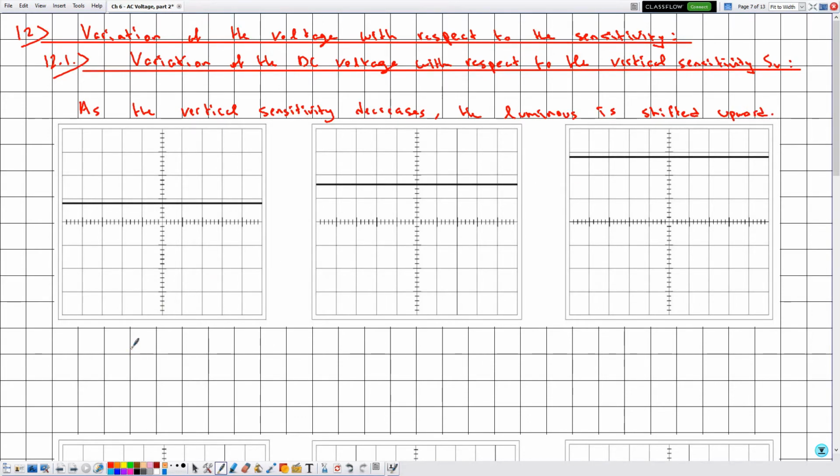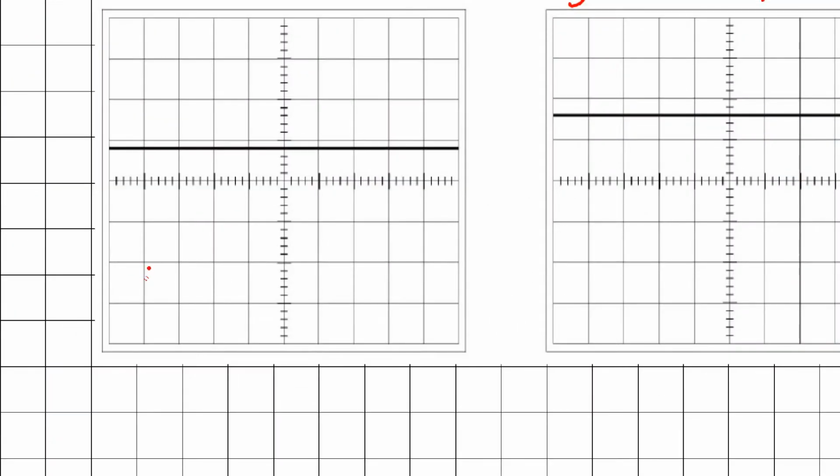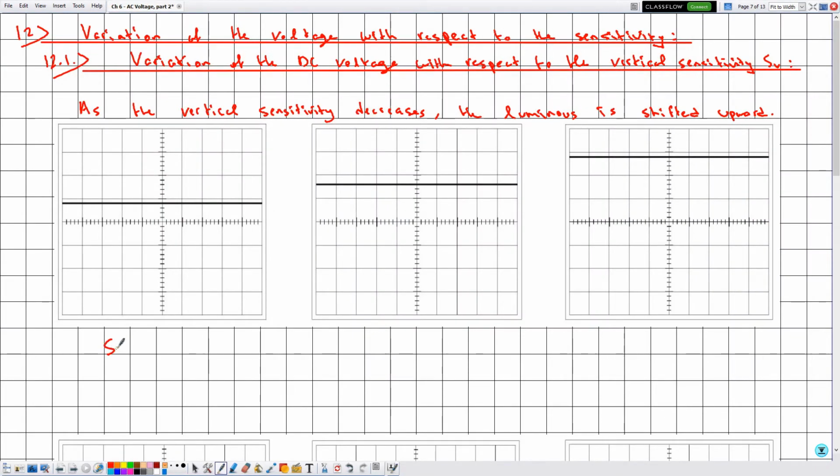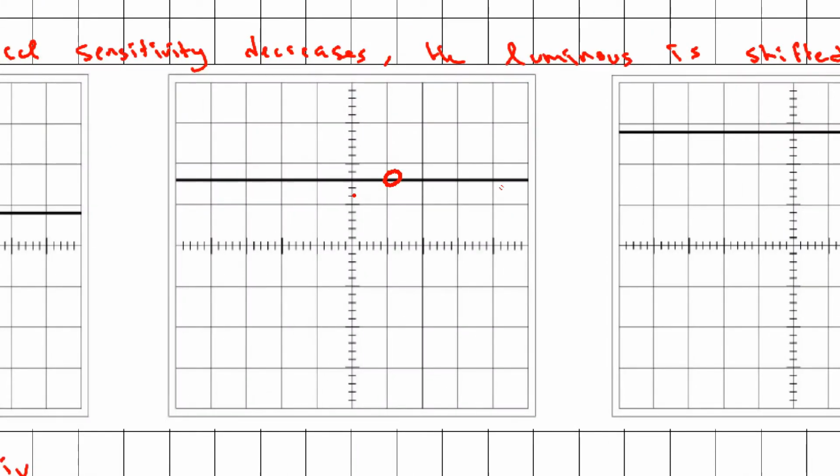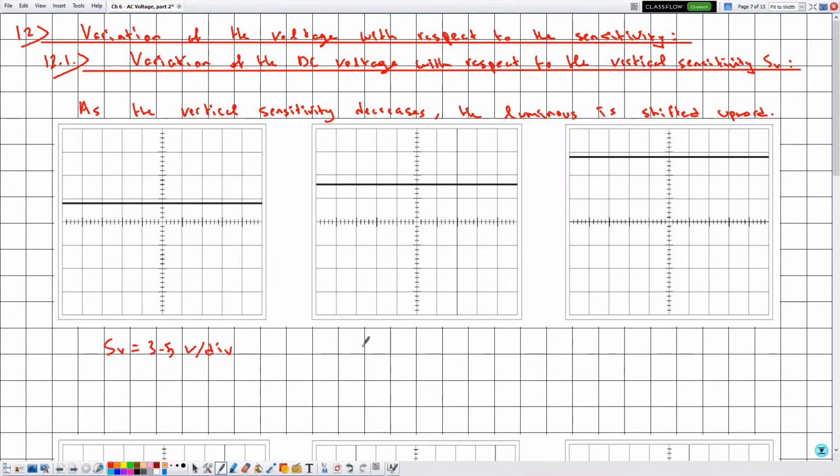Now here let me write down the vertical sensitivity in each case. In this case, the value of y is 0.8 when the vertical sensitivity is adjusted to 3.5 volts per division. Now in this case, the value of y is 1.6 divisions, when the vertical sensitivity is 1.75 volts per division.